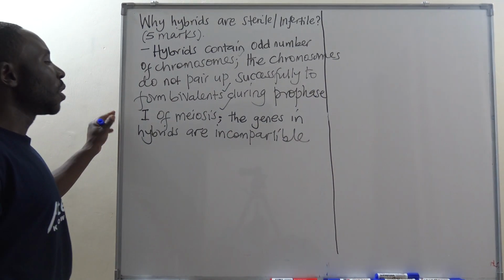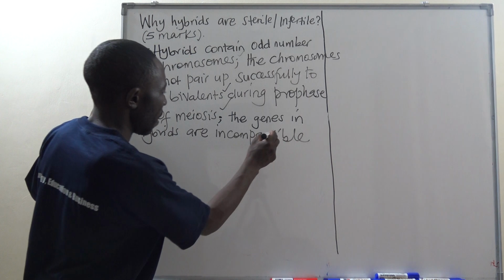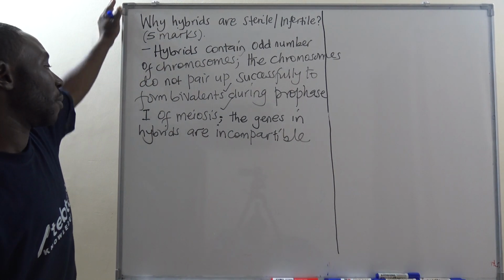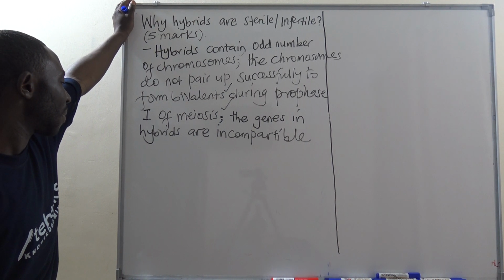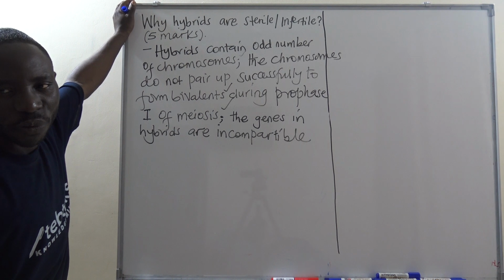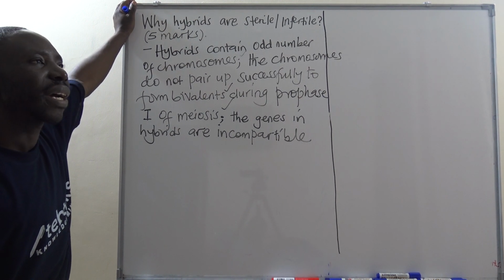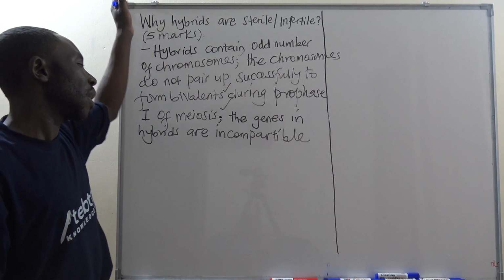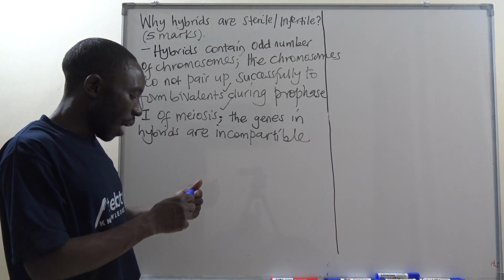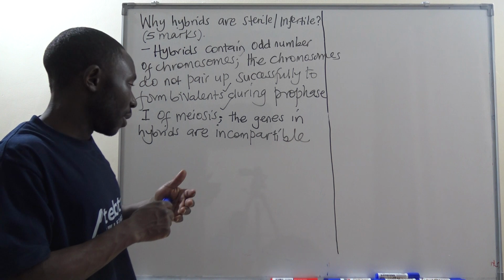They are not compatible at all. And because of that, those genes cannot combine together to form a gamete.